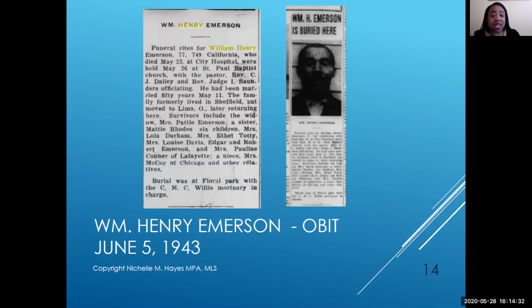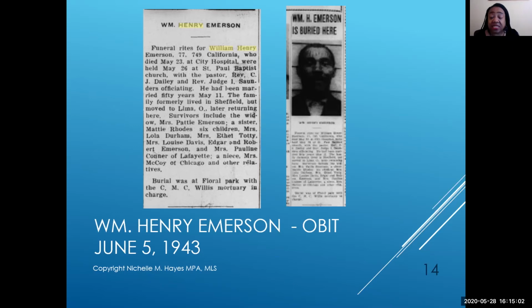It gives me a lot of information in this particular obituary. It gives me his picture. I never would have had that picture otherwise. It tells me where he was buried. It gives me his full name, his age, his address at the time of his death, when and where he died, the location of the funeral, the names of the officiants or the reverends, how long he had been married, including the date, the name of his wife, previous places that he had lived.